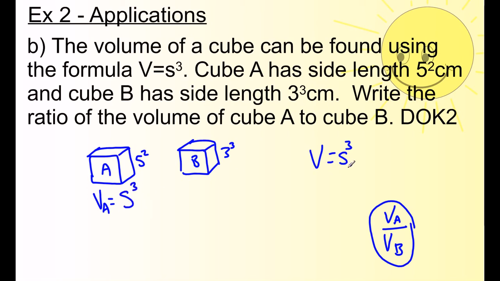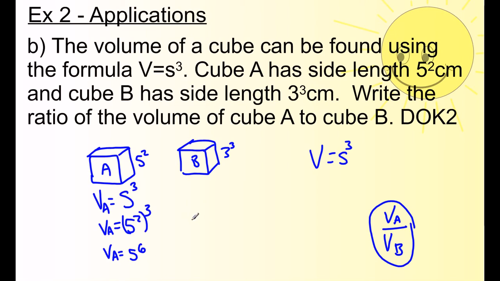I'm just writing down the formula. And we know each side is 5 squared. So the volume of cube A, see, 5 squared cubed, you multiply those exponents, giving me 5 to the 6th power.